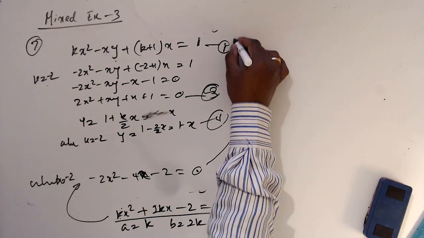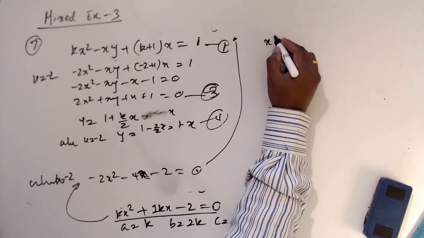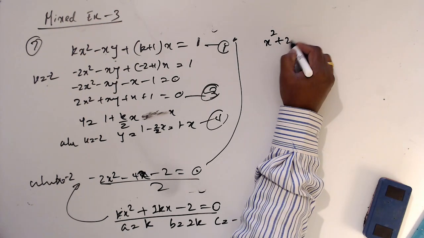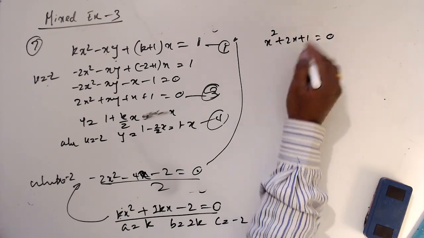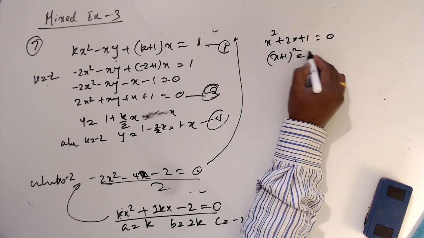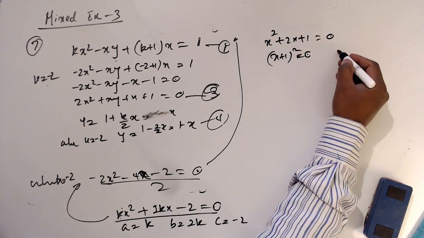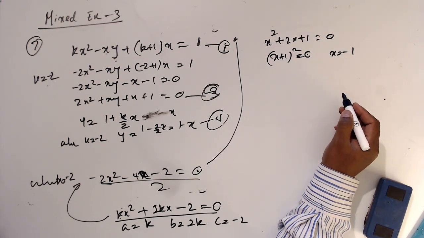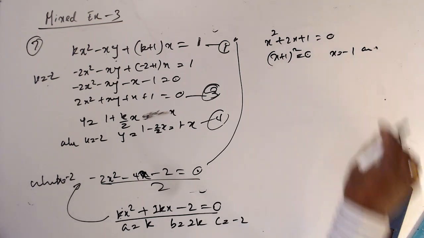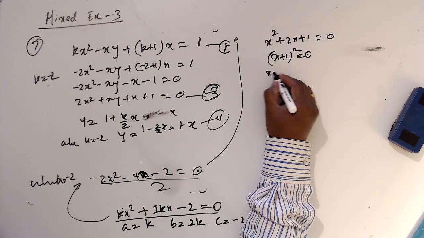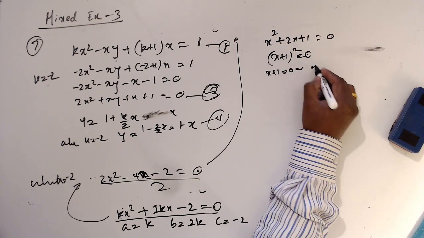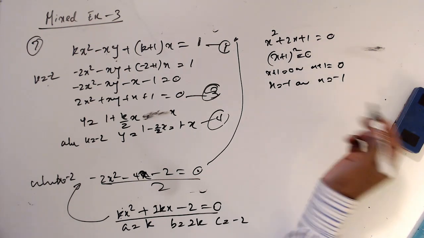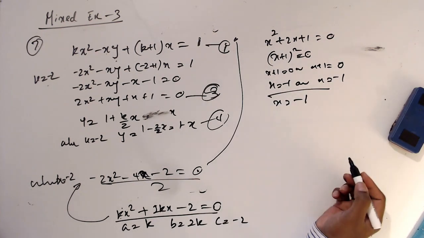Now from here I can divide both sides by 2. x² plus 2x plus 1 equals 0. It means (x plus 1)² equals 0. Then x plus 1 equals 0, basically x equals minus 1.